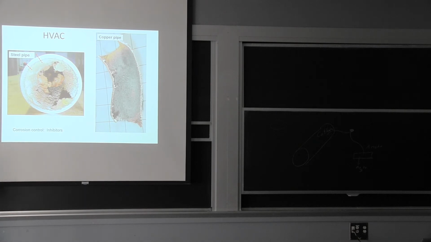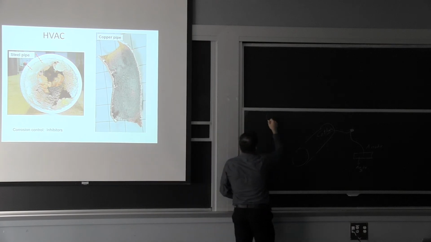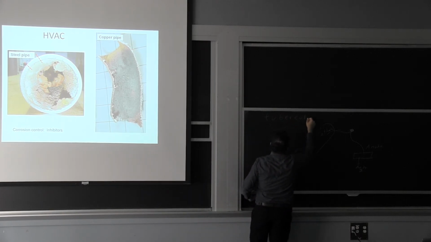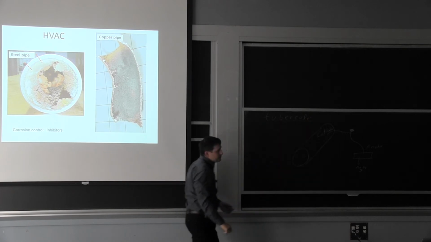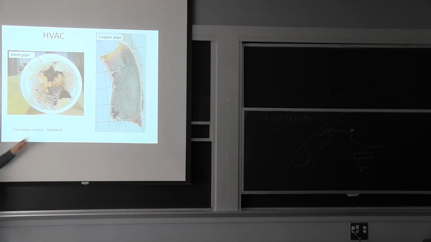It works sometimes, sometimes it doesn't work. So what you see here are called tubercles, and they're not unusual. It's not tuberculosis, but tubercles. They will form, and they're not necessarily all just iron oxide. It's a combination of iron oxide and deposits from the water.